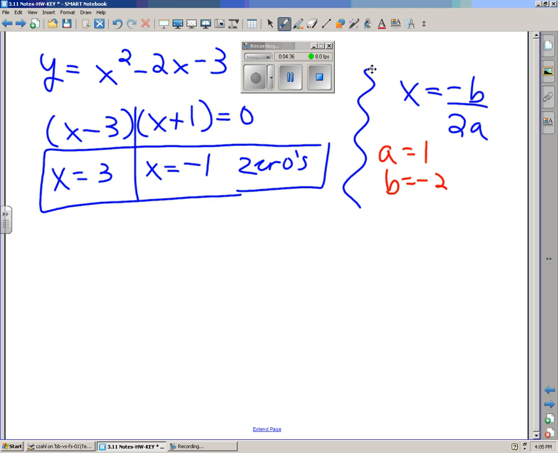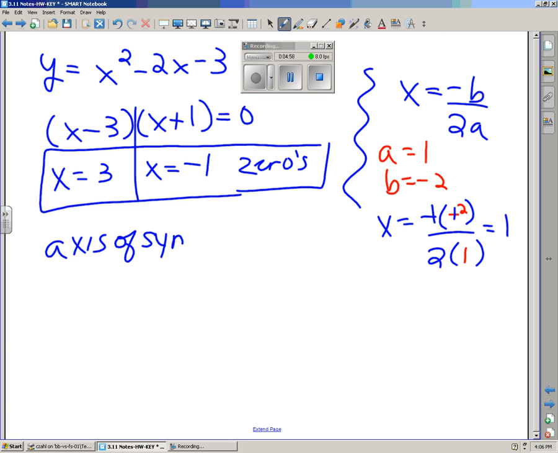So when I plug this in, x equals negative b over twice a. Again, b is negative 2, a is 1. When you do the math, negative over negative becomes a positive, and 2 divided by 2 is just 1. So the axis of symmetry is the equation where x is equal to 1.